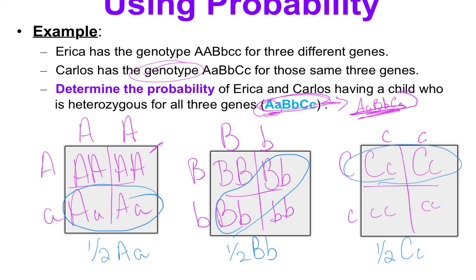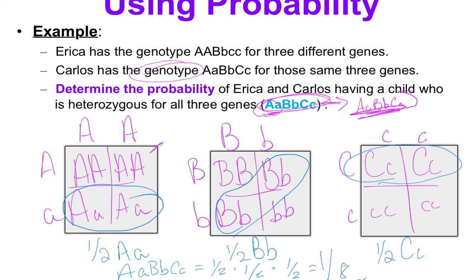So the probability that their offspring will be heterozygous for A, B, and C: we're going to multiply 1/2 times 1/2 times 1/2, and that's going to give you, does anybody know? It'll give you 1/8 or 0.125.